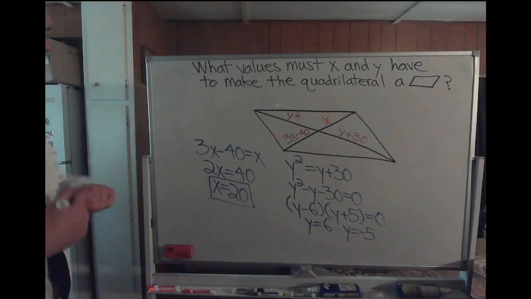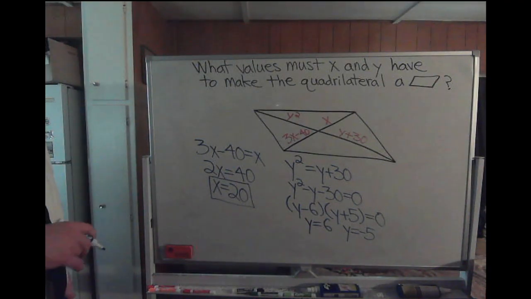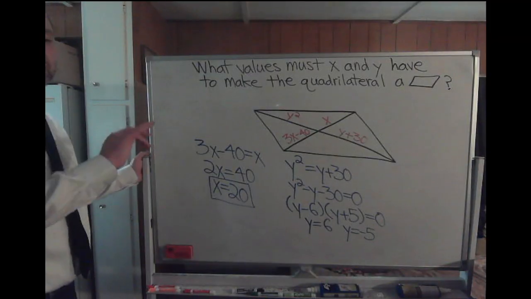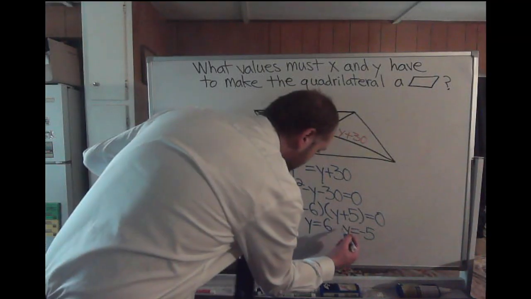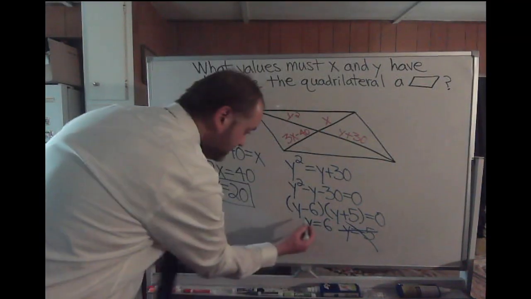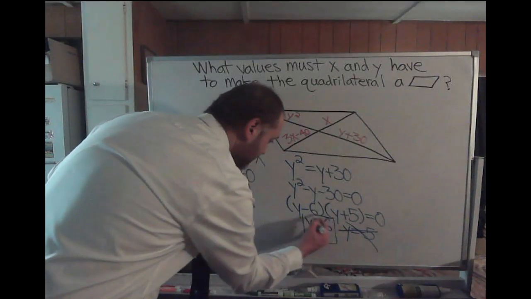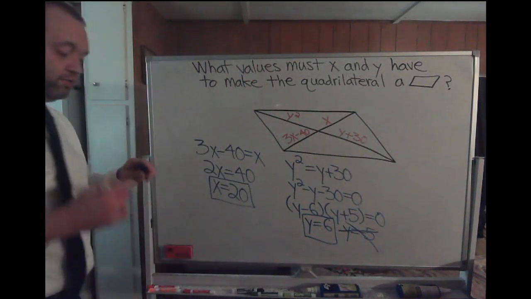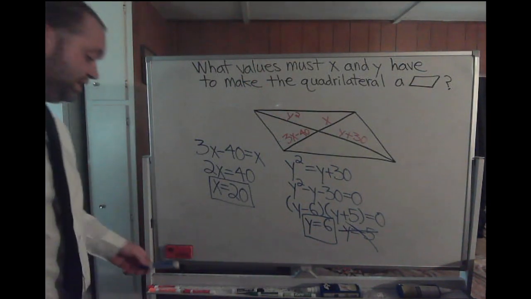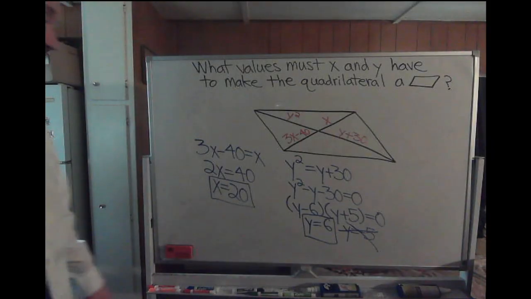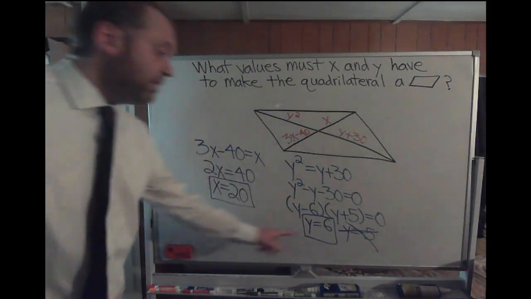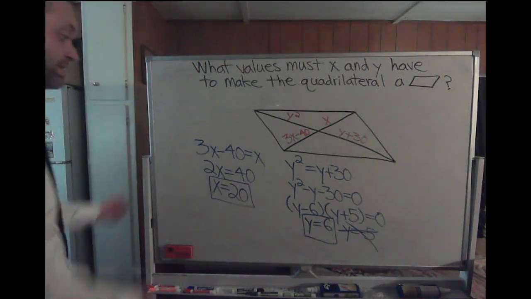But for this course, we're going to discard all negative solutions for length. So the only possible solution you could have then is that y equals 6 because it's positive. So what you get in the end is that x equals 20 and y equals 6.